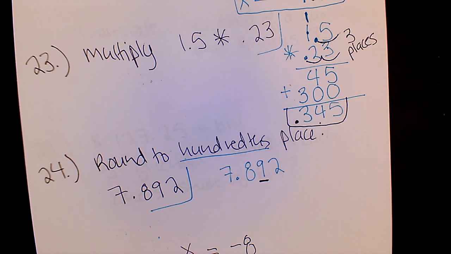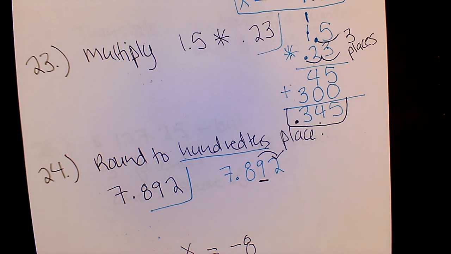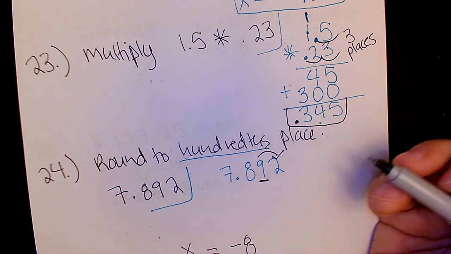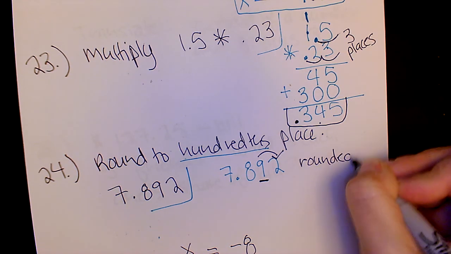So remember when we round, we always look to our neighbor to the right. If it's 4 or lower, it stays the same. If it's 5 or higher, we bump up 1. So it's a 2, so it's 4 or lower, so we're going to keep the 9.